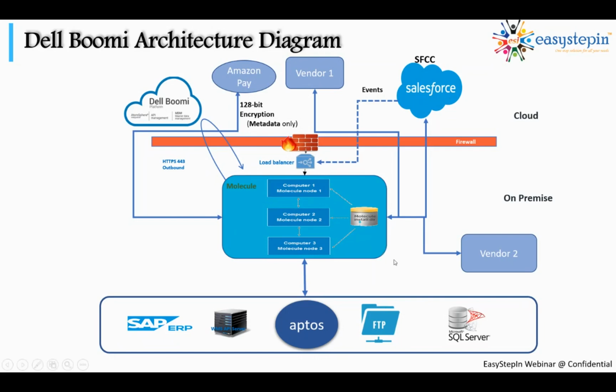Based on that available information, we have to send to the EOM system, the Aptos system. So all those calculations are done in Dell Boomi, and the order is created. Once the order is created, the acknowledgement status should be sent back to SFCC, as it is available in the enterprise order management system.